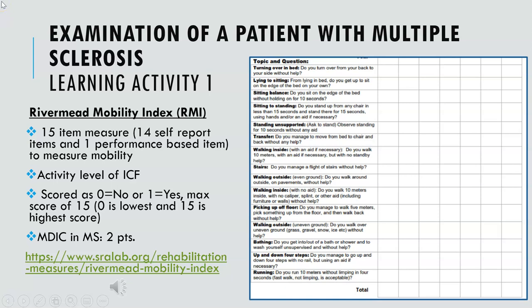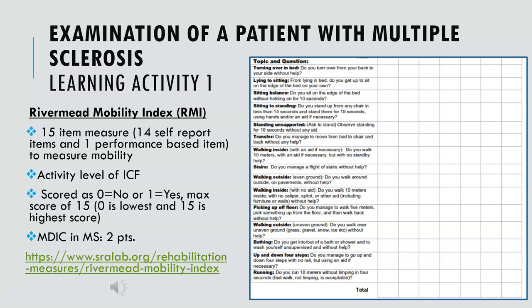When thinking about the advantages and potential disadvantages with selecting this particular tool, I think, again, some advantages are that it does cover a wide range of mobility level activities, which then allows you to be able to use this with patients at any point on the EDSS scale. So there are some items that even if they weren't ambulating, they might be able to participate in.